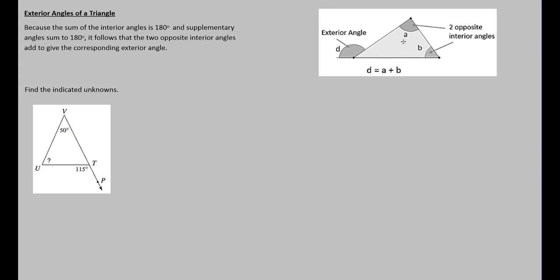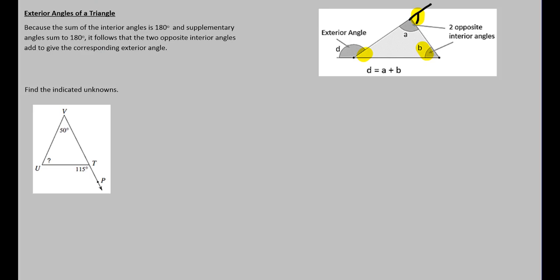So if we were doing, for example, something like this, and we wanted to figure out what this angle is, then this exterior angle would be the sum of the two opposite interior angles, which would be the C, sorry, not the outside, just the inside, and the B. So these two are the same as that.